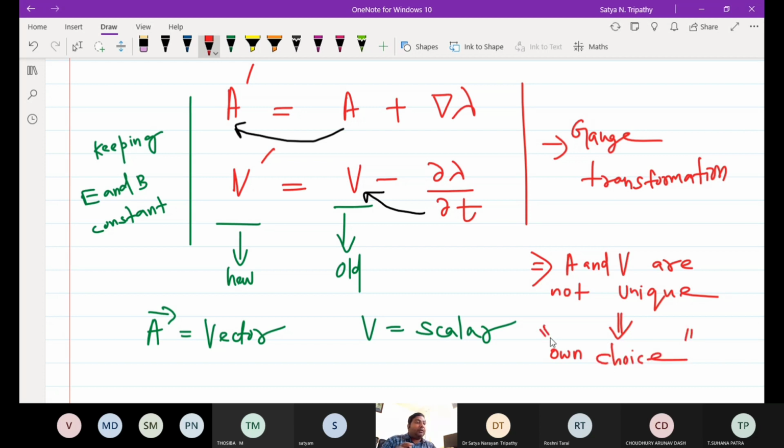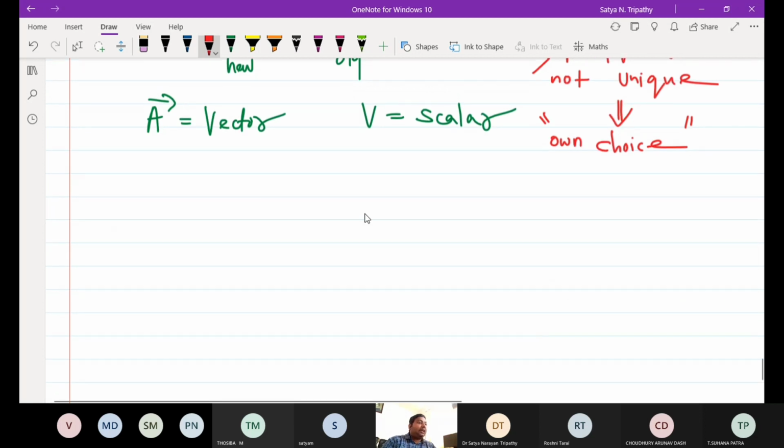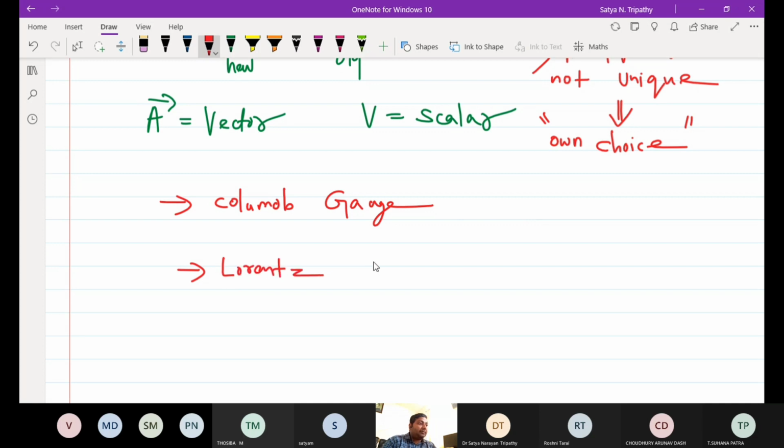So there are two types of gauge transformation. One is called the Coulomb gauge, and the second is the Lorentz gauge. In the Coulomb gauge, we take del dot A is 0.